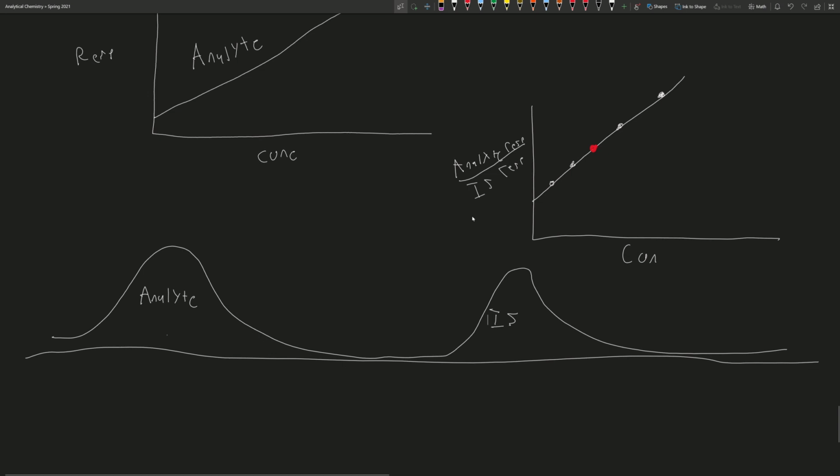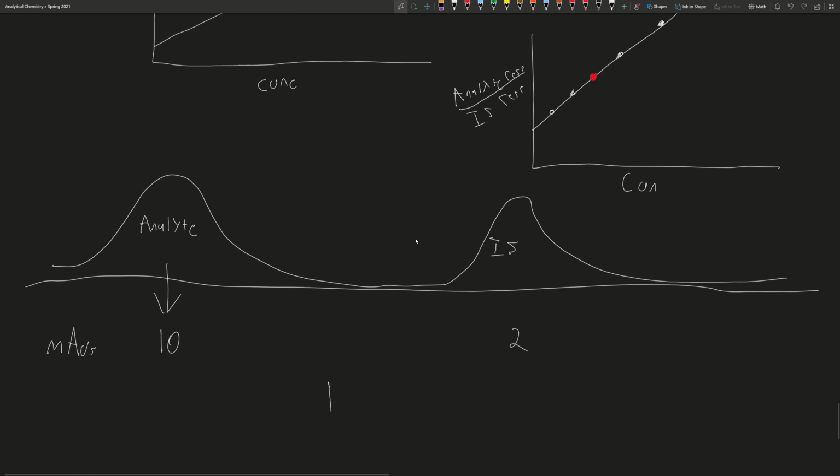These peaks will have values associated with them, some absorbance counts, typically in milliabsorbance units, MAUs. Let's say this is 10. Let's say this is 2. We would simply do 10 divided over 2. And this would be our response that we plot on the y-axis over here.